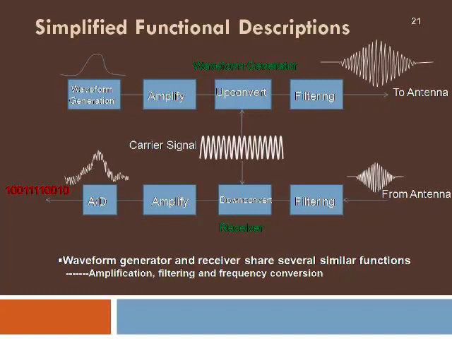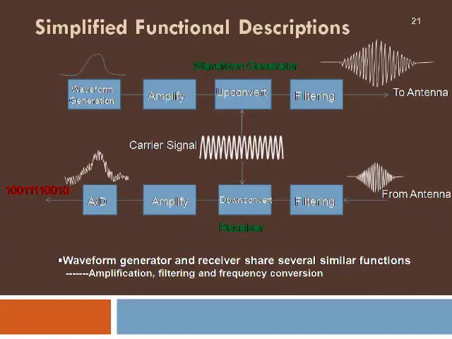So it can be a simple CW signal or a pulsed signal or a Gaussian signal, or in the latest radars it can be an arbitrary waveform also. So this signal is going to be given to the antenna and it will be transmitted towards the expected target.